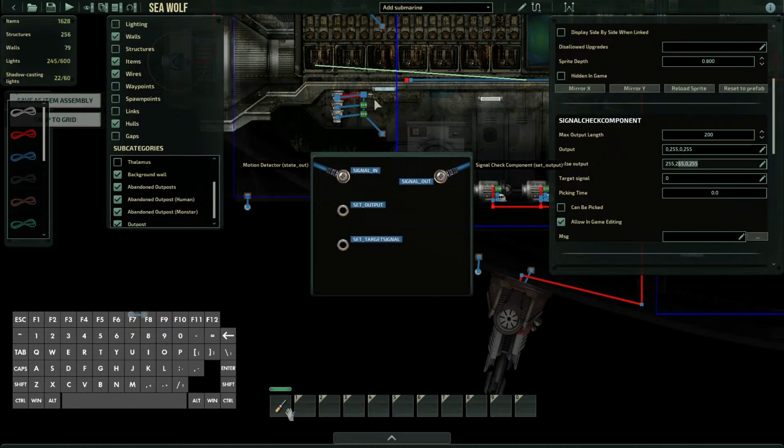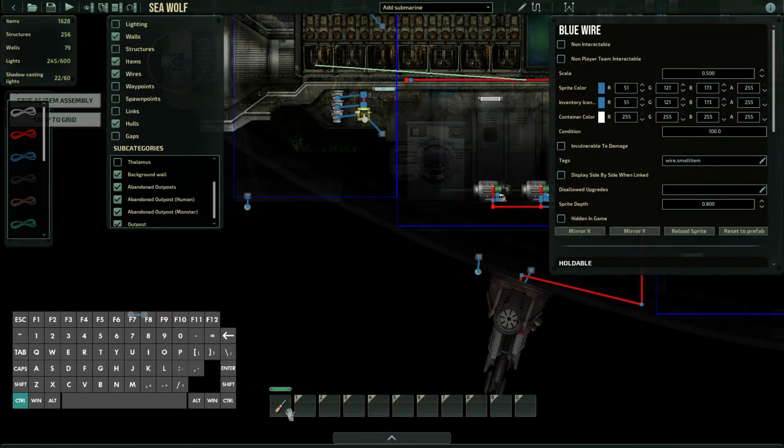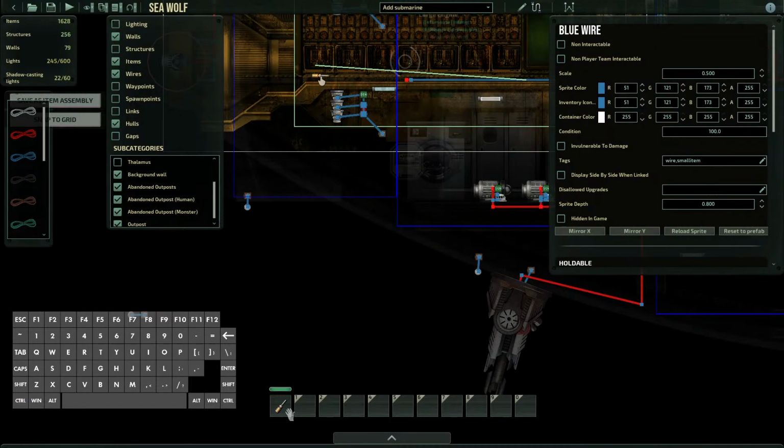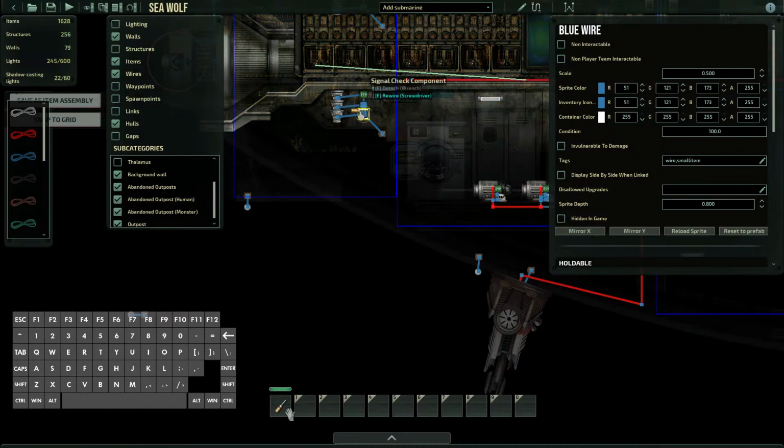If greater than 1000, green. If less than 1000 and greater than 500, yellow. If less than 500 but greater than 250, orange. If it's less than 250, red. That's what this arrangement of signal blocks and motion detectors allows us to do.